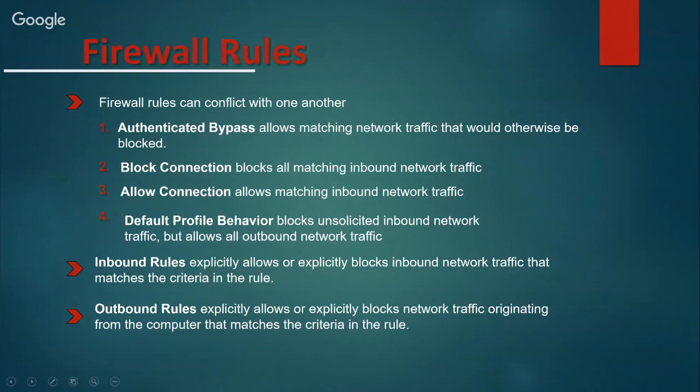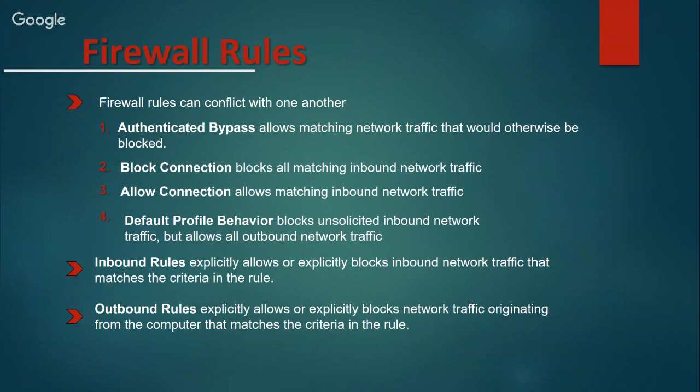So there are a few rules with firewalls, and usually when setting up a firewall, you should know that firewall rules can conflict with one another, and so it's good to know the order in which these processes usually go. The first thing that it does is authenticated bypass, which allows matching network traffic that would otherwise be blocked.